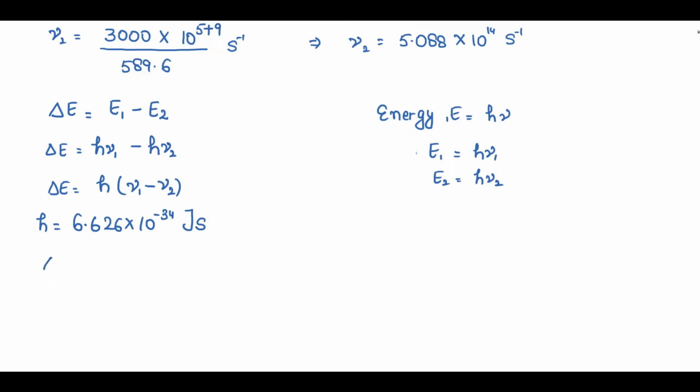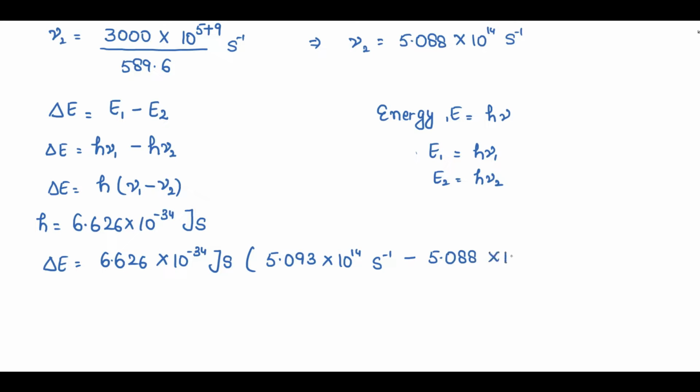Simply put the values. So delta E equal to 6.626 into 10 raised to power minus 34 joule second into nu 1, that is 5.093 into 10 raised to power 14 second inverse minus nu 2, that is 5.088 into 10 raised to power 14 second inverse.